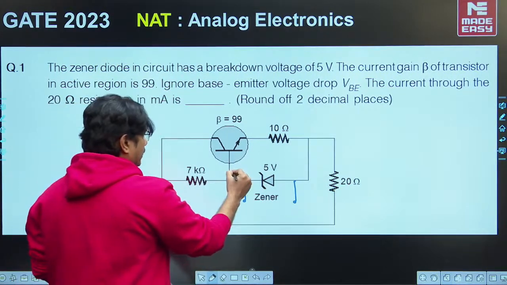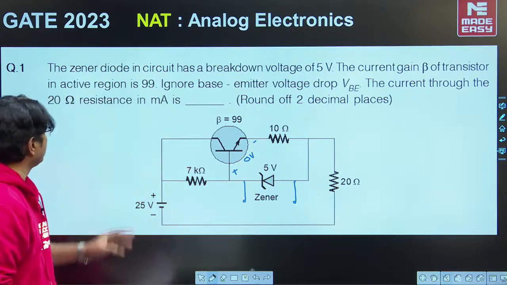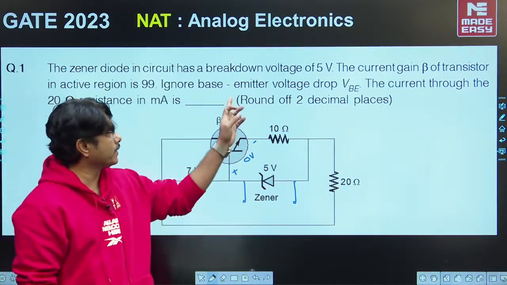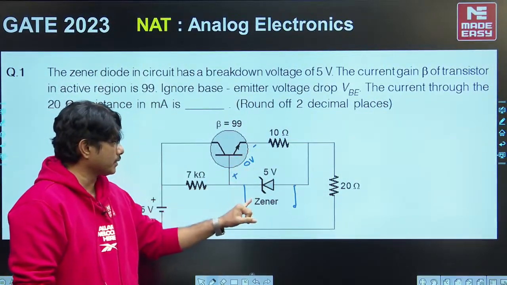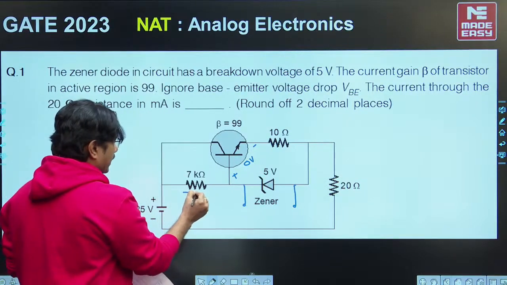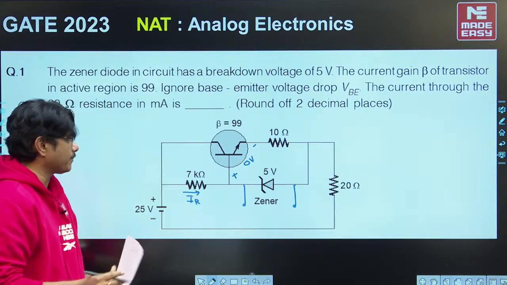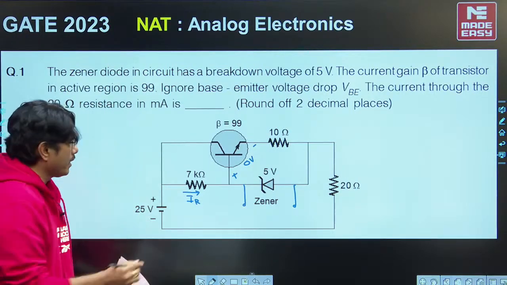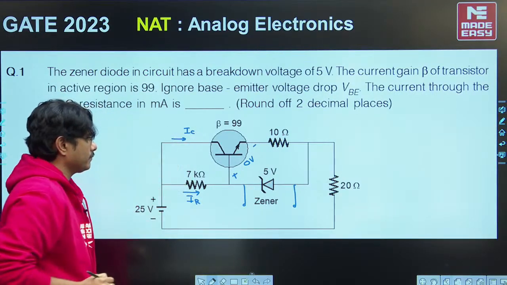In the problem he has given the VB voltage as 0 volts, because the emitter voltage drop is neglected here. So this is 0 volts, and this is open circuit here. Now the current passing through 7K, let us take this as IR, and one more current is passing through the BJT, IC.